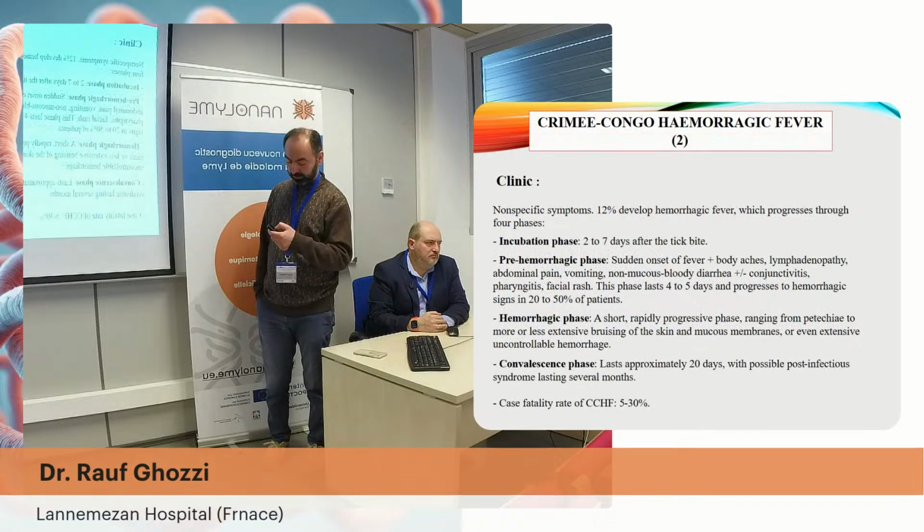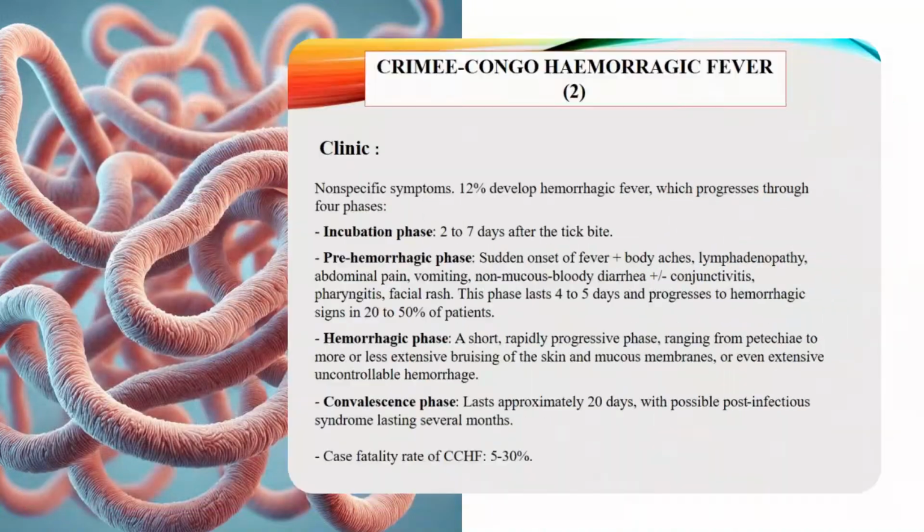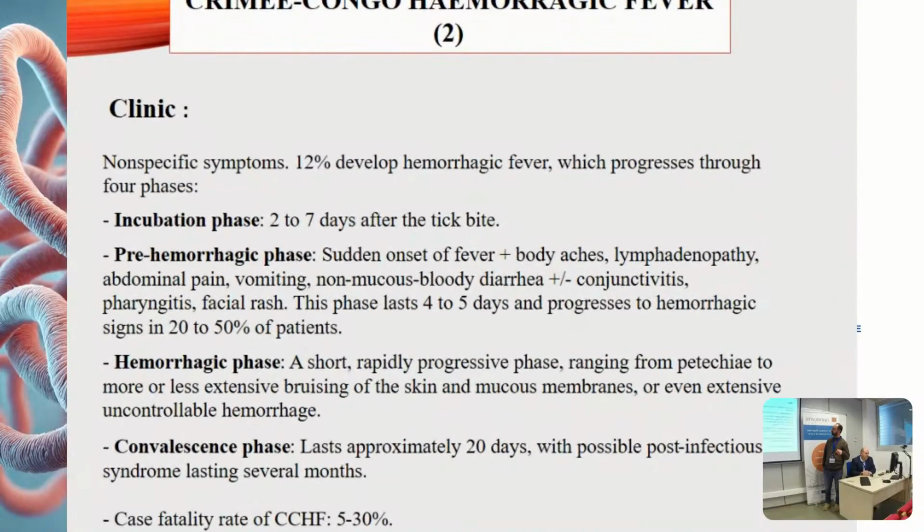The clinical presentation, as you can see, includes digestive symptoms, cutaneous symptoms, and you can have a hemorrhagic phase afterward, and there is a case fatality rate, as you can see.